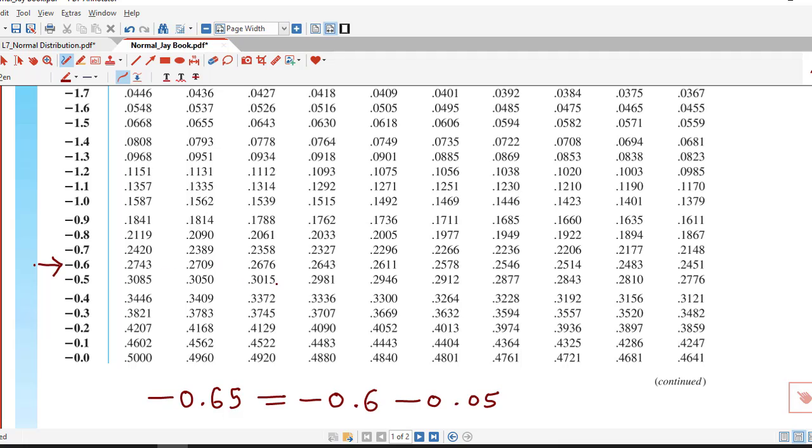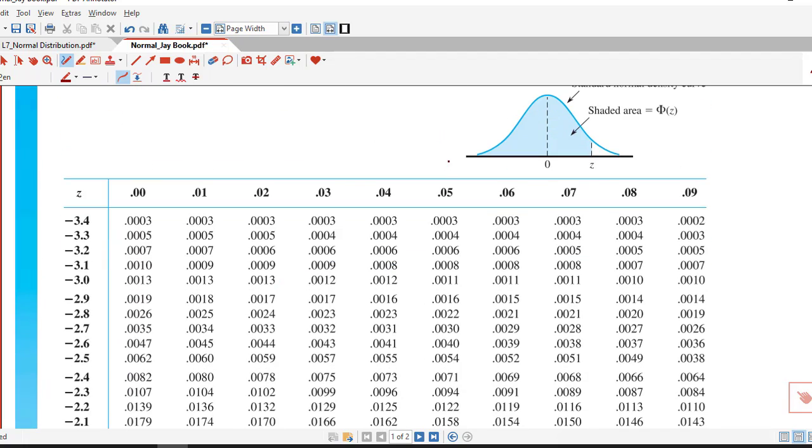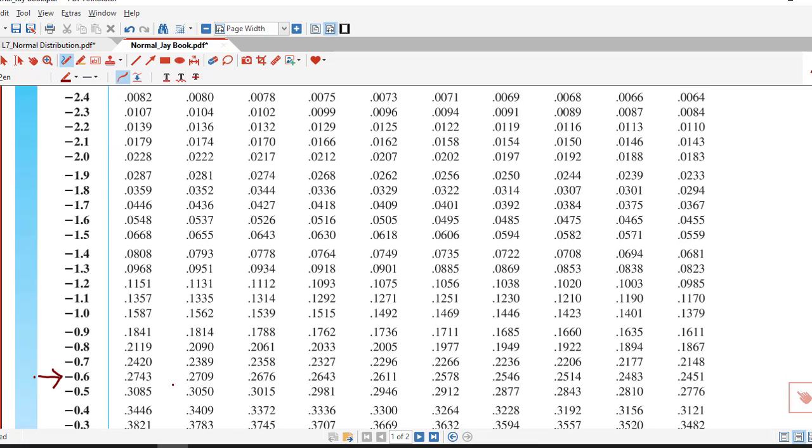So we go up to 0.05: this column is 0.00, then 0.01, 0.02, 0.03, 0.04, and this corresponds to 0.05.